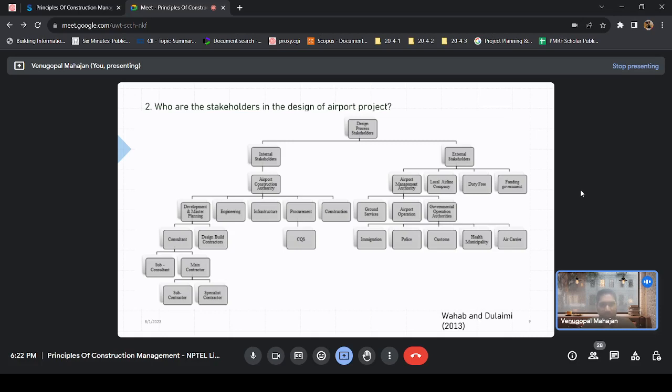They have divided it into two parts: one is the construction side, and one is the regulation side. As you can see, there are governmental operation authorities. There is health, and municipality also. Why is municipality a stakeholder in an airport project?